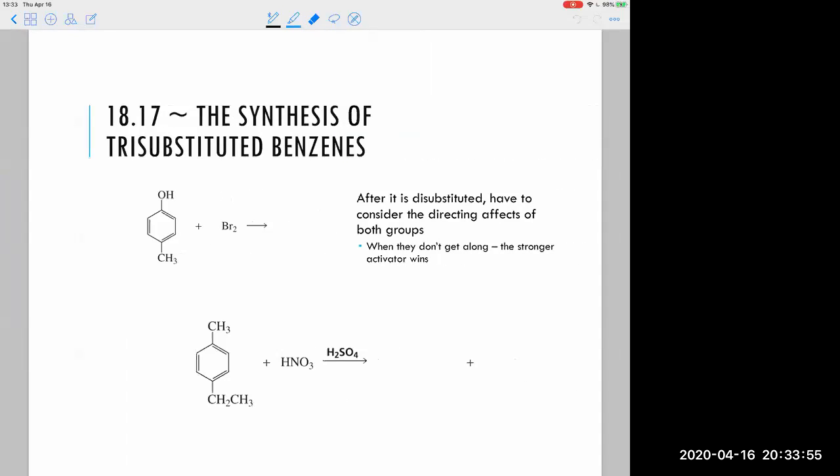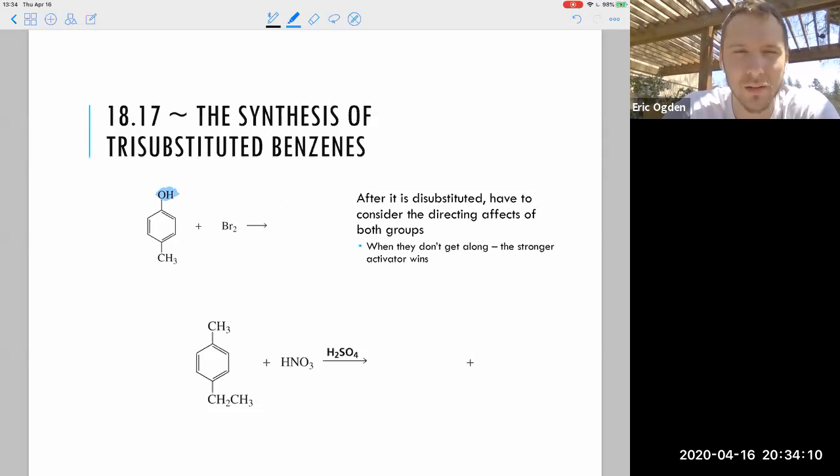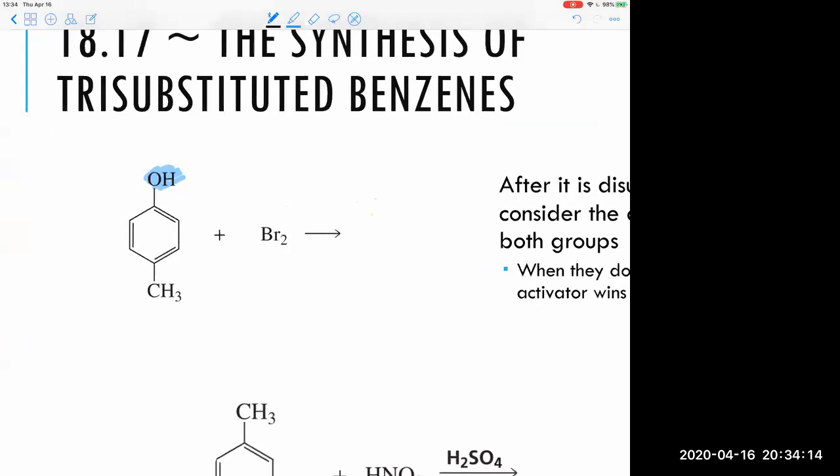What happens when we have directors that are directing to different positions? So for example, here we have an OH group. What's that going to be? Ortho-para or meta? Ortho-para. So what you want to do, you look at your substituent. Does it have electrons to donate?